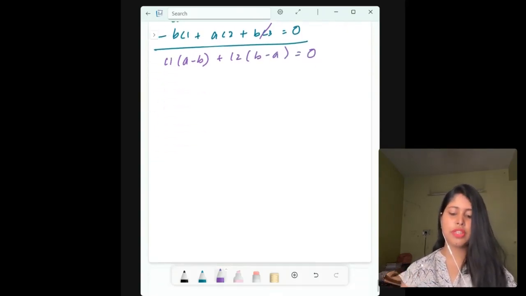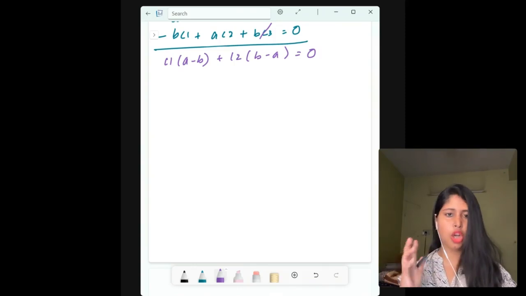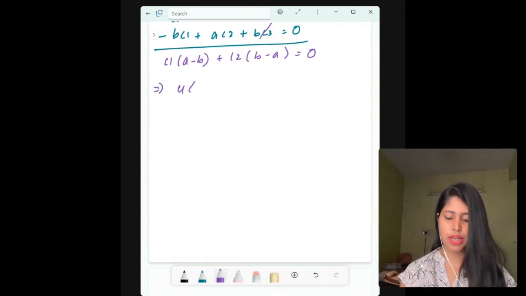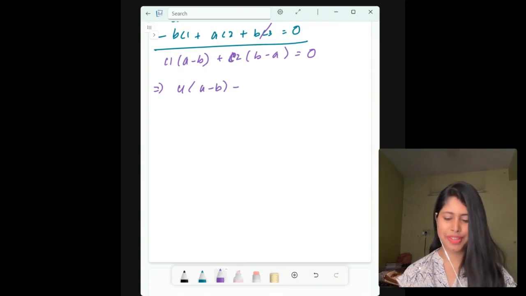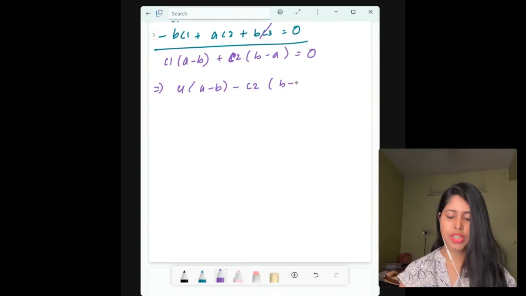Now from here you can see that a minus b and b minus a are common here. So here you can change the sign and make the factor common. So you can write C1 a minus b, then minus C2 a minus b.